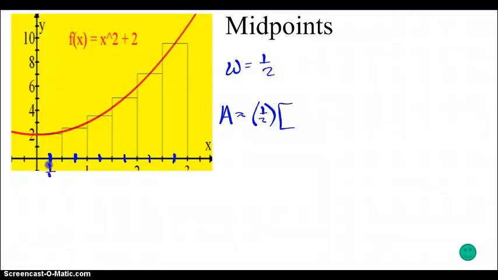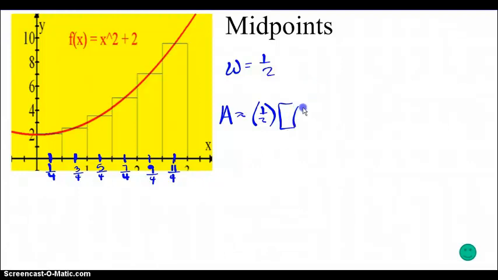So this is 1/4, there's 2/4, 3/4, 4/4, 5/4, 6/4, 7/4, 8/4, 9/4, 10/4, and 11/4. And of course that would be 12/4, which would be 3.